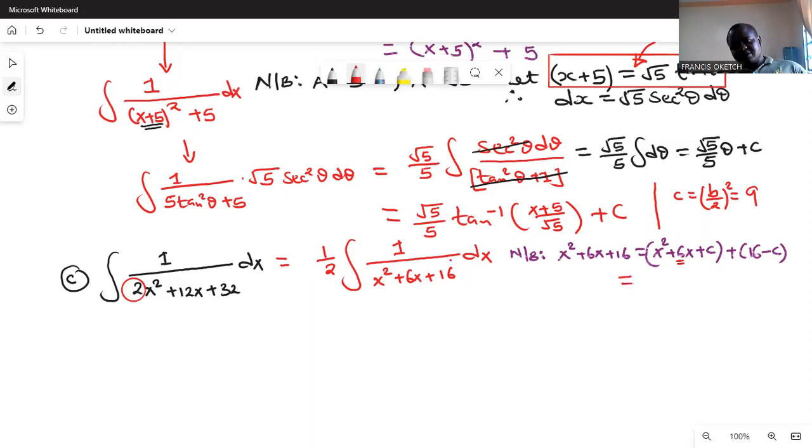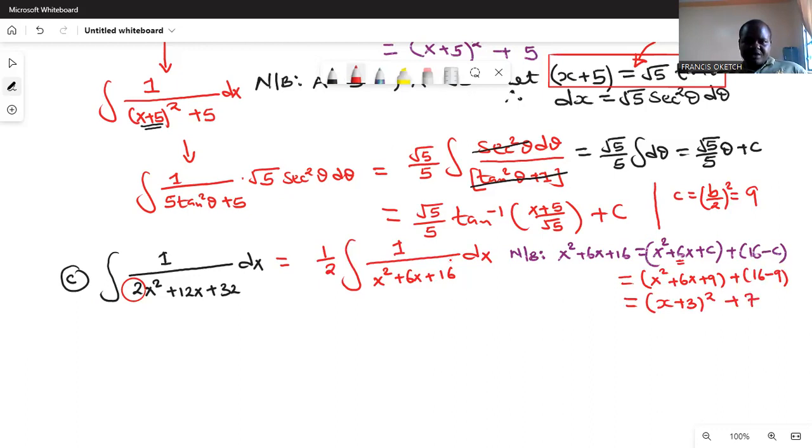So this is the same as x squared plus 6x plus 9, then plus 16 minus 9. And so when you factorize the first bracket, you get x plus 3, squared. 16 minus 9 is 7.